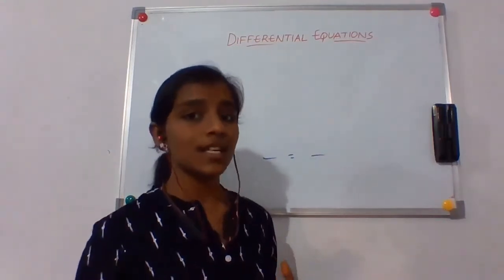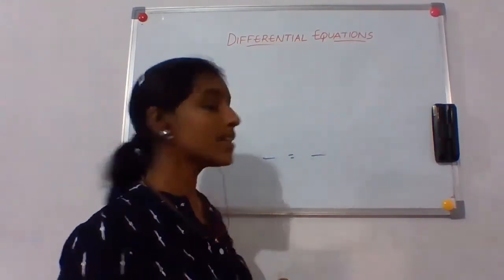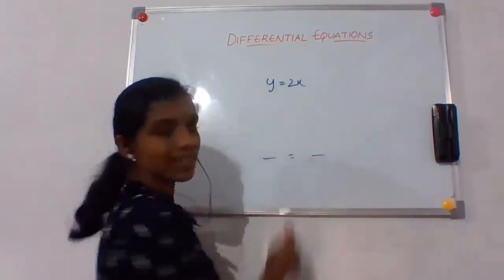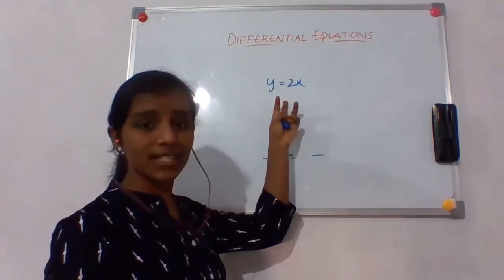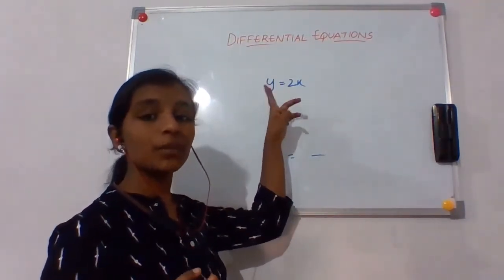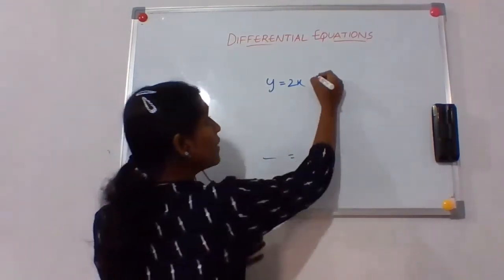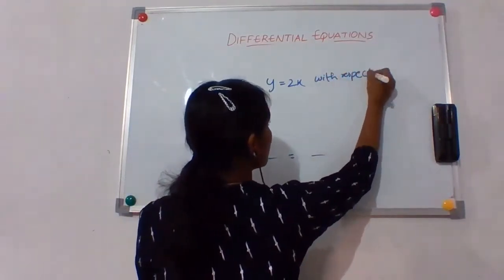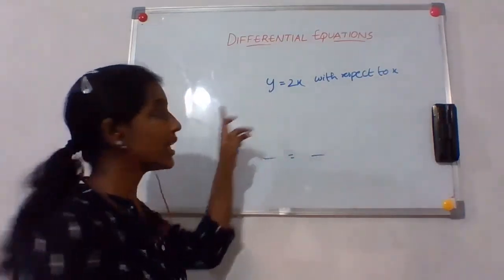Now what is it? If you have studied differentiation in intermediate first year, take y equals 2x, some equation y equals 2x. Now if I differentiate this equation on both sides with respect to x, what do I get?